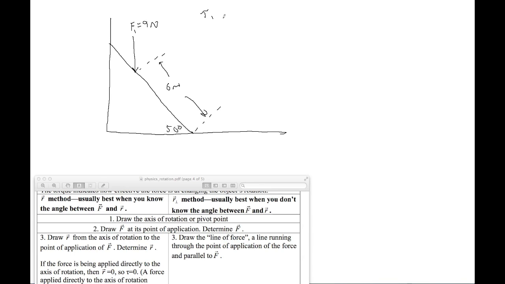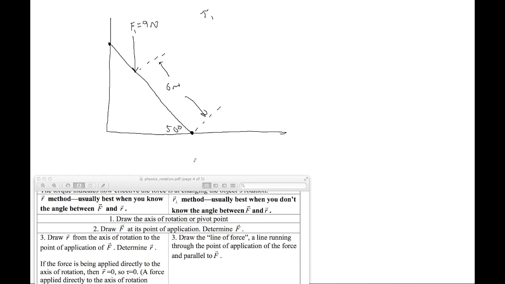Okay, so let's find torque 1. Okay, so I would use the R perpendicular method. So if I choose the bottom as my pivot, I think I actually want to use the top as my pivot point. So then I would have a clockwise rotation.